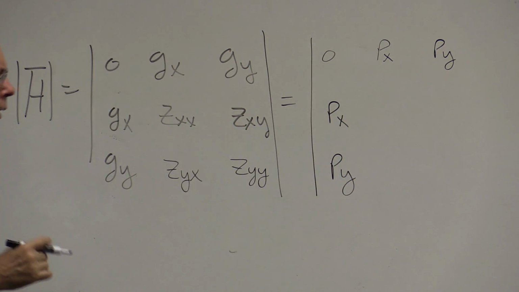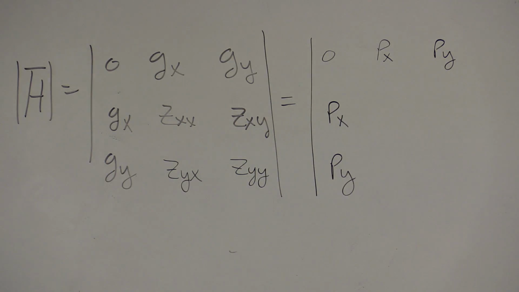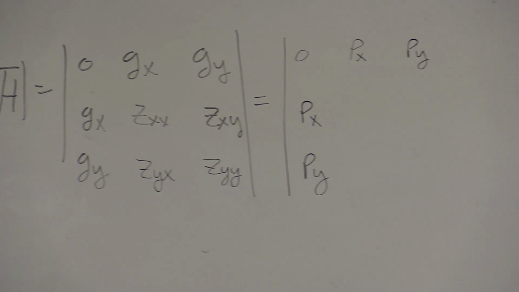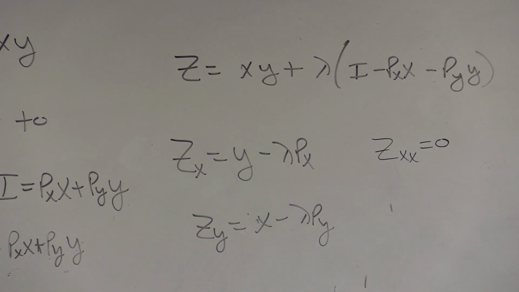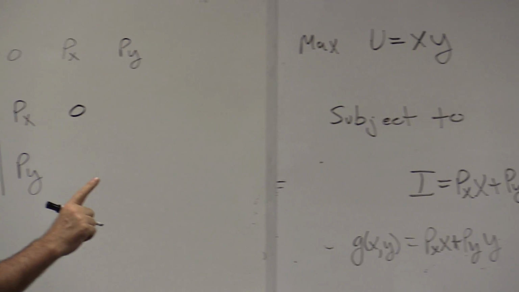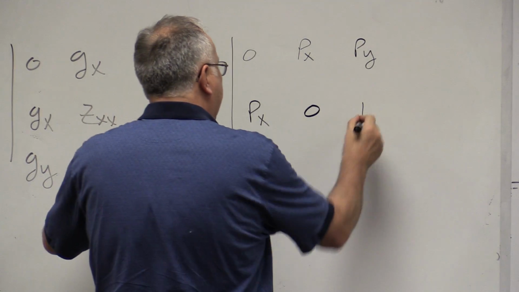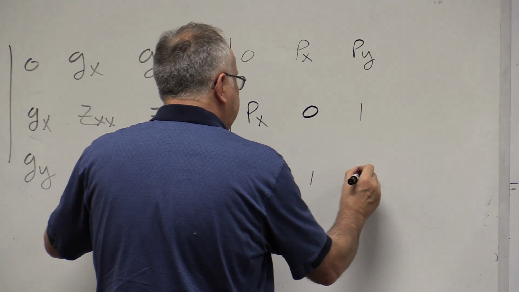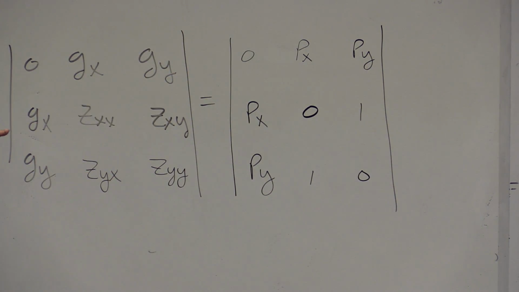What is z sub xx? I don't think I did this, did I? I hope I'm not repeating myself. What is z sub xx? 0. Okay. What is zxy? 1. This is 1, that's 0. We did it for specific values of px and py, but we didn't do it for the general case. So what's our bordered Hessian now?